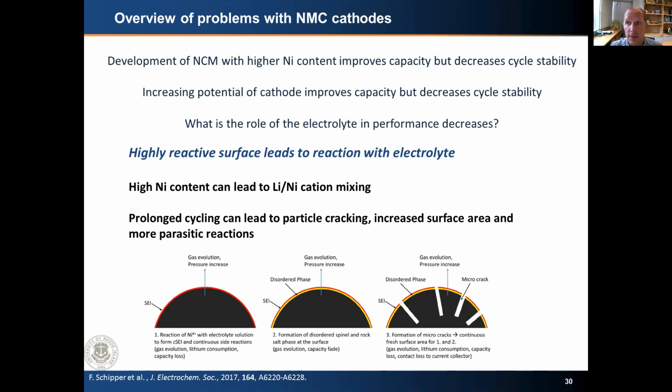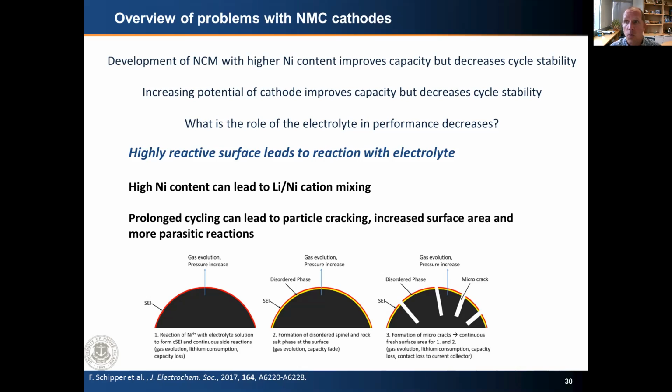These cathode materials typically function quite well at standard lower voltages, such as charging the cells to about 4.1 or 4.2 volts. However, with current interest in making higher energy density lithium-ion batteries, there's significant interest in driving these NMC cathodes to higher potentials above 4.2, closer to 4.3 or 4.4 or even 4.5 volts.